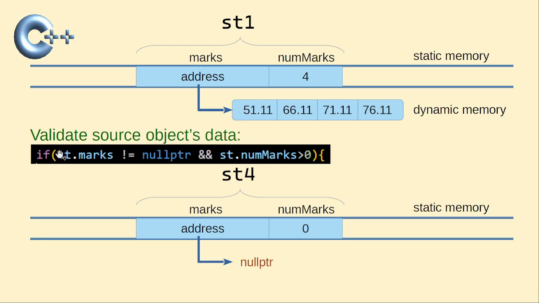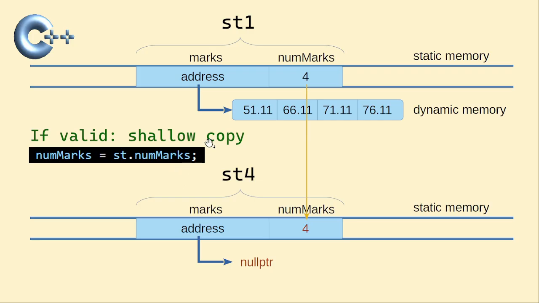So since this validation condition is going to be satisfied for this object, the code inside that if statement does copying of the marks from st1 object to the new object. So value 4 is copied from the number of marks attribute of st1 to number of marks attribute of st4. This is called shallow copying.